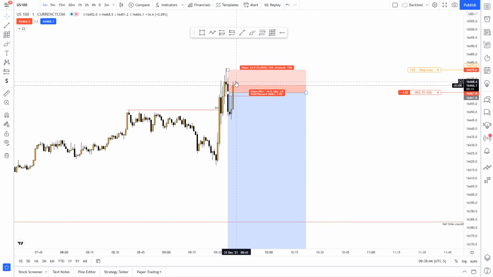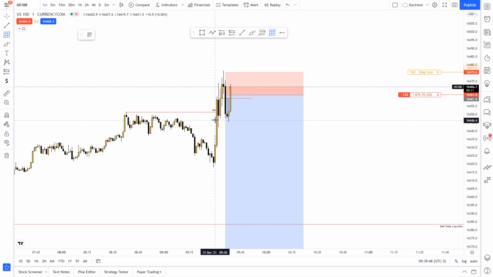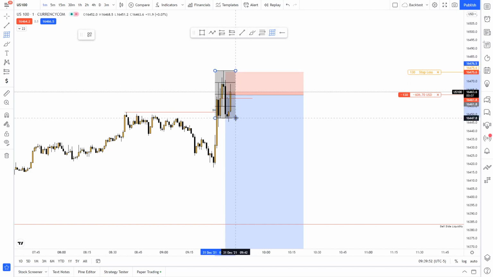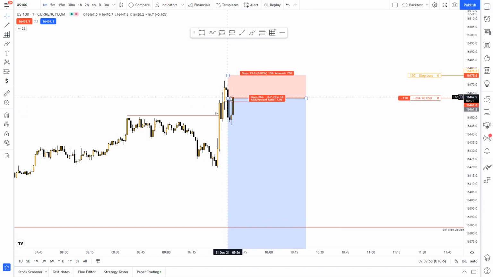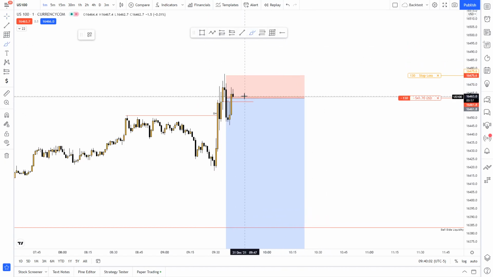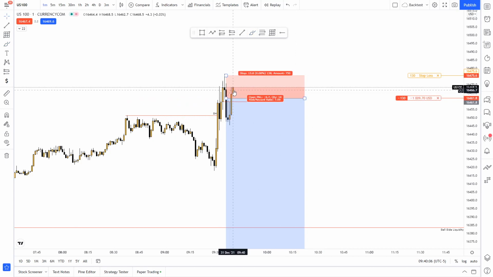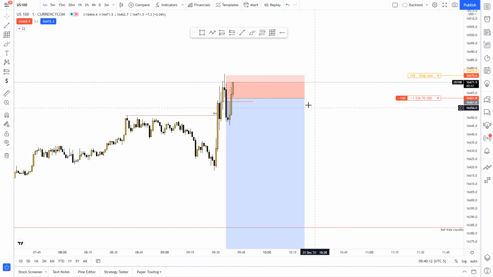So right now price has come up into this area. Let's have a look. Okay, now the next candle should be bearish. So this candle should close bearish, and the next one should also close bearish to break the low, and done.